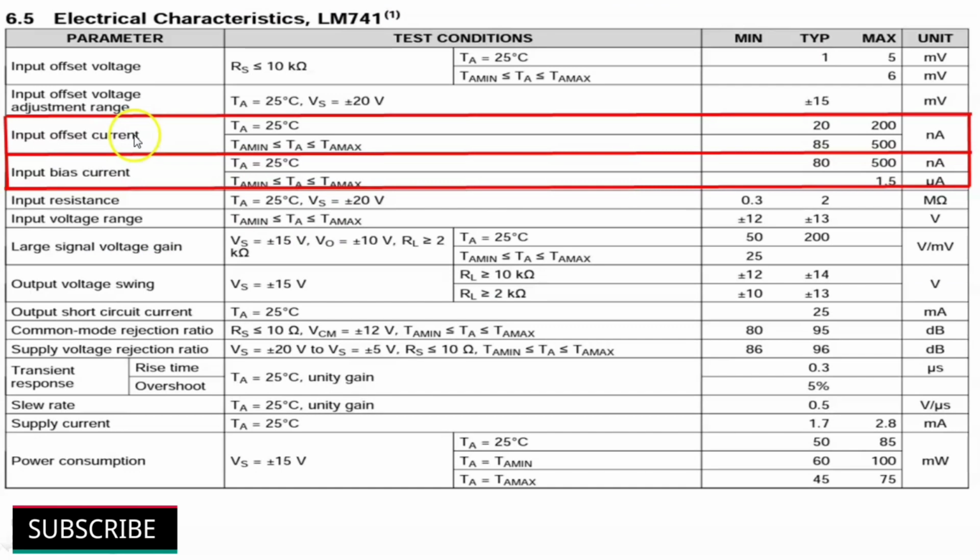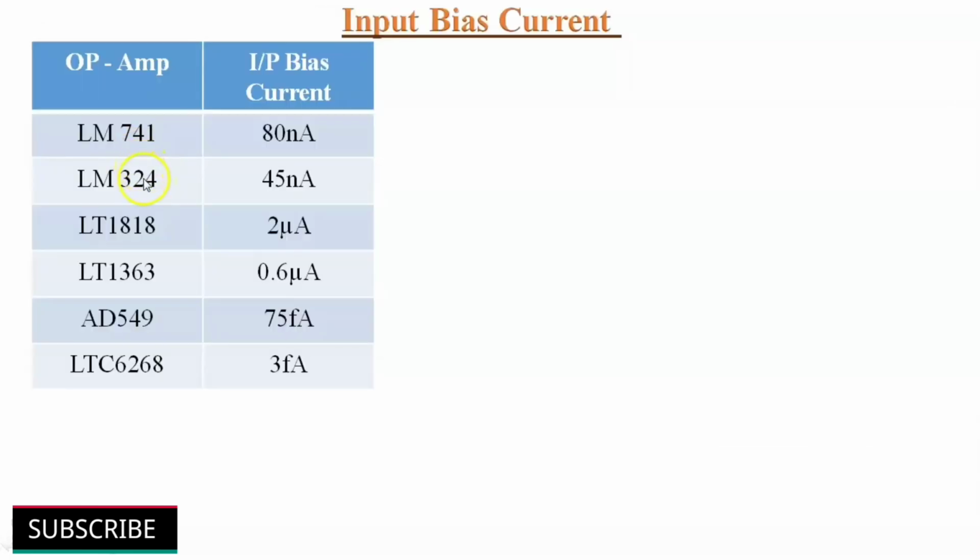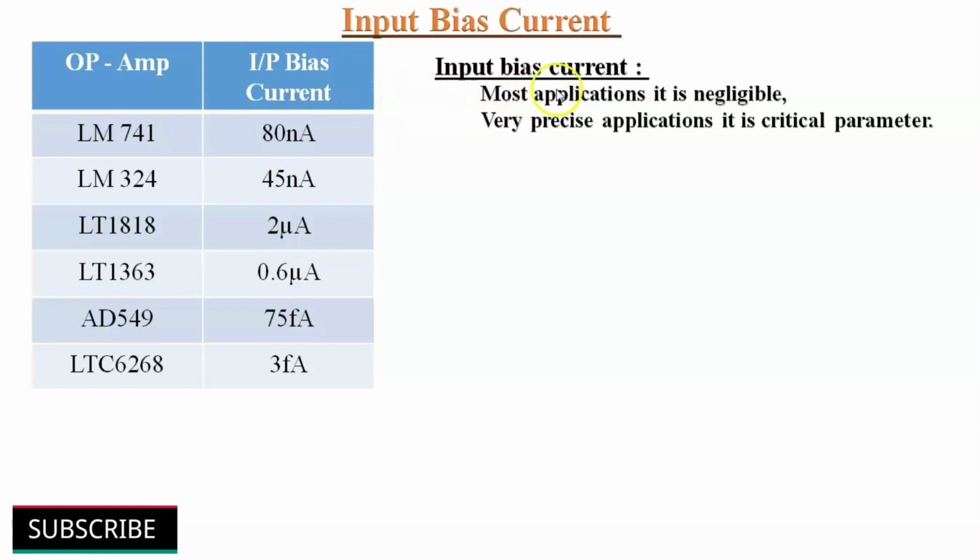The datasheet of an op-amp shows these two parameters. Here the input offset current and input bias current of the general purpose operational amplifier LM741 are shown. Every op-amp, even if input bias current is compensated, is going to have some form of input bias current. In most applications, this bias current is negligible.